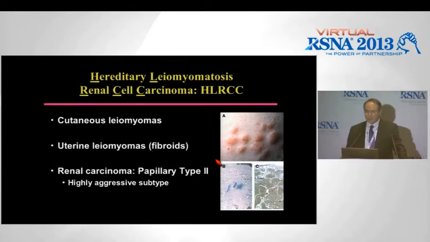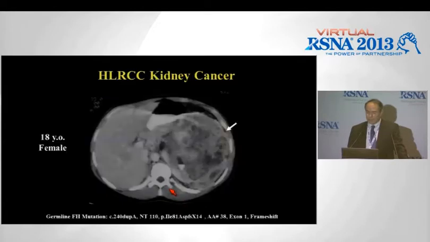I began to link it to hereditary leiomyomatosis renal cell carcinoma, or HLRCC, which includes cutaneous leiomyomas, another dermatologic syndrome, premature uterine leiomyomas that are very, very aggressive, typically resulting in hysterectomies before the age of 30. And then type 2 papillary renal cancer, which is a highly aggressive subtype.